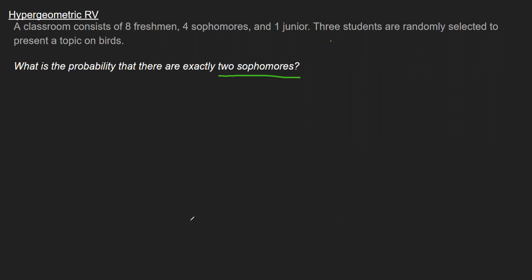So in this example, I'm interested in counting sophomores. So that means I still have a total of 4 sophomores. So now my capital S becomes a 4. And what I want is exactly 2 of them. So here the little x will now be 2. But the setup will be exactly the same. I want the probability that I get 2 successes.